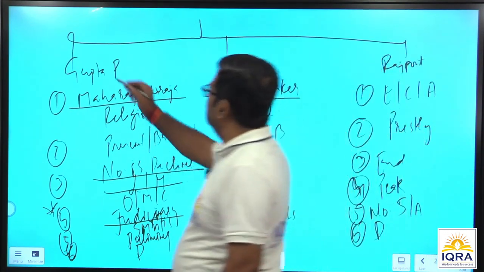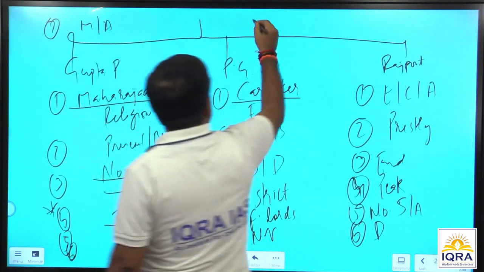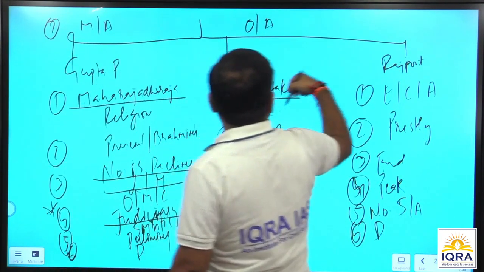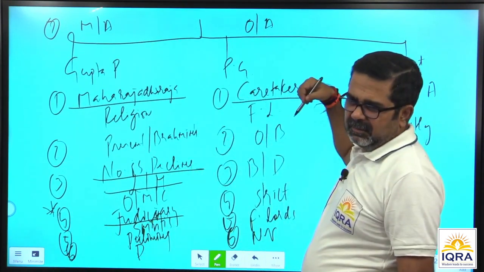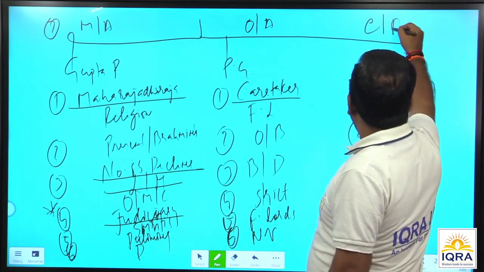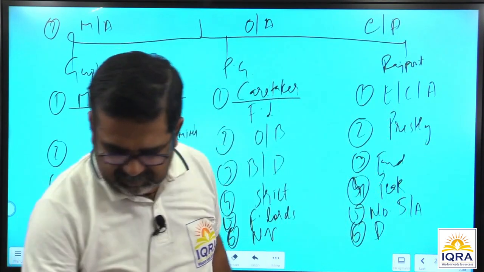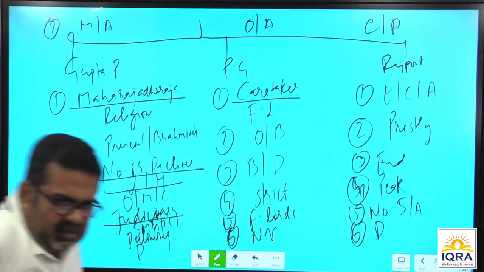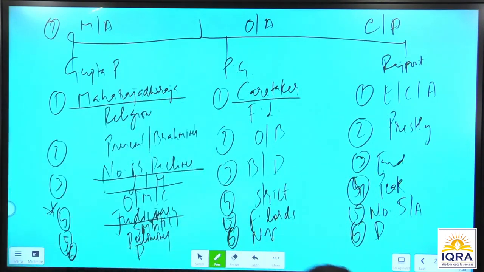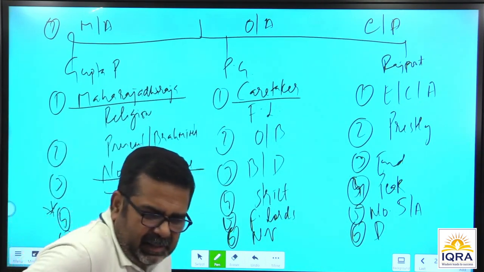Taxation: mainly from agriculture, only from agriculture, completely from agriculture.